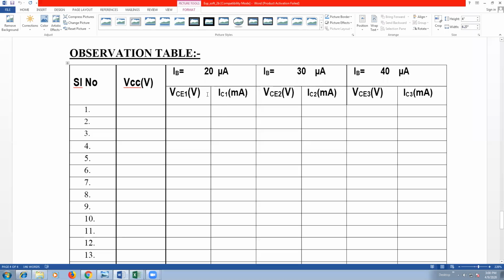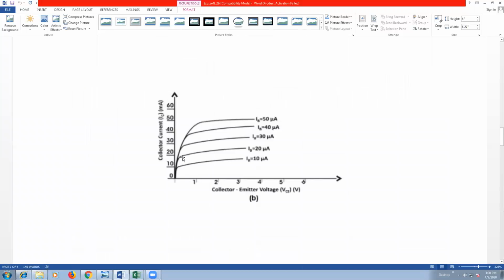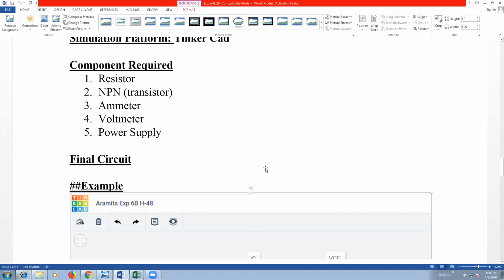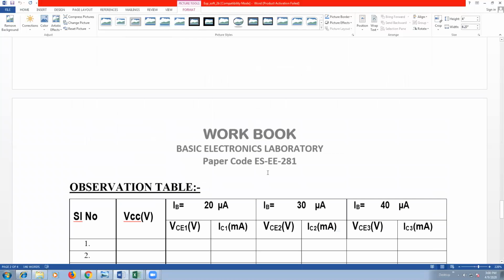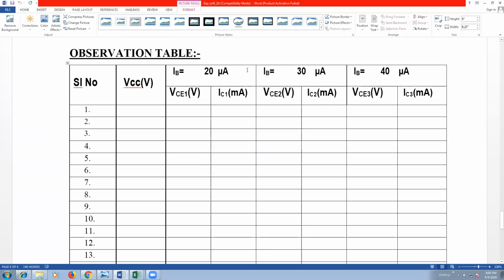After taking the first set of readings, you can plot it on graph paper or in an Excel sheet, or you can verify your graph to see whether it is coming out correctly or not. If you think it is okay, then proceed to the second set of readings.